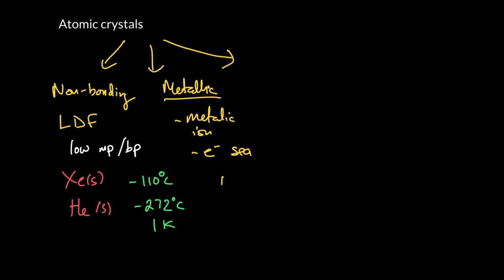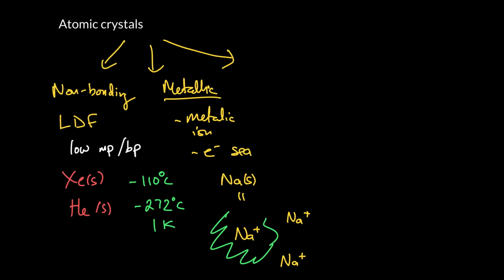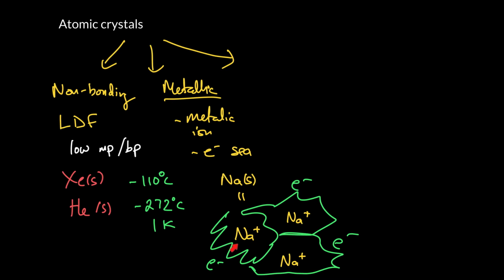So for instance, sodium is composed of these kernels of sodium ions, and that valence electron is spread out over and around the rest of the ions. So they're delocalized, that is to say the electron isn't exactly surrounding the atom or the ion it originally came from, but instead you've got this sea of electrons that spreads out everywhere.